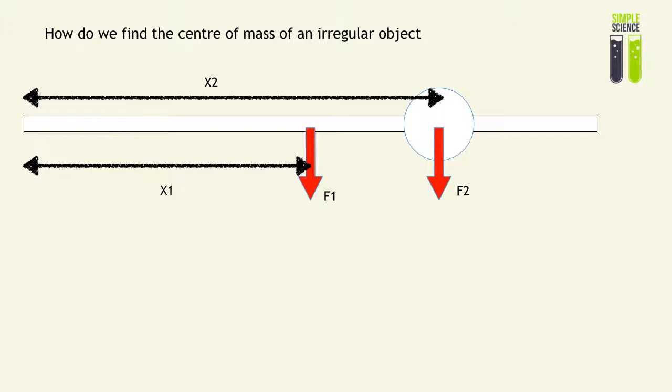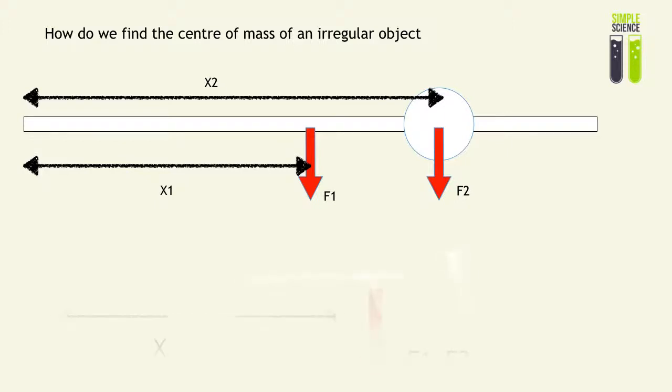We know that the center of mass of the uniform rod is basically halfway along the entire length, so it's at the center of the rod, whilst the center of mass of the circular mass is right at the center of the circle because it's a uniform circle, and that acts x2 distance from the left.